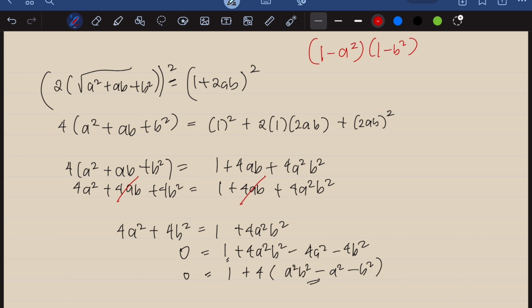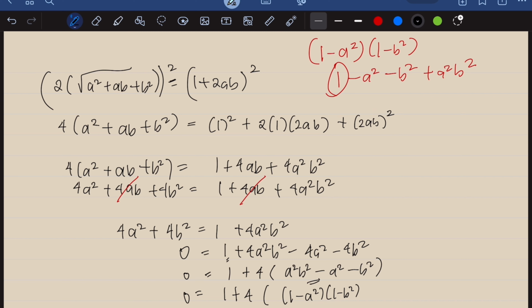If we expand this, we get 1 minus a squared minus b squared plus a squared b squared, which is very similar to this one, except that we're missing the 1 here. Therefore, we can write this expression here as 1 plus 4 times 1 minus a squared, 1 minus b squared, but we have to subtract the 1.